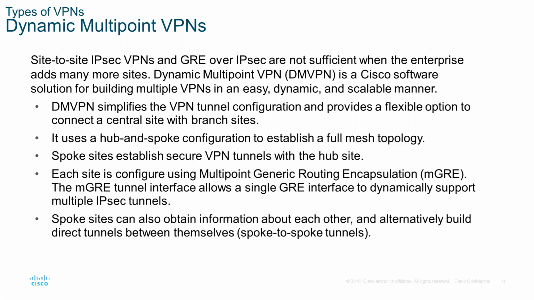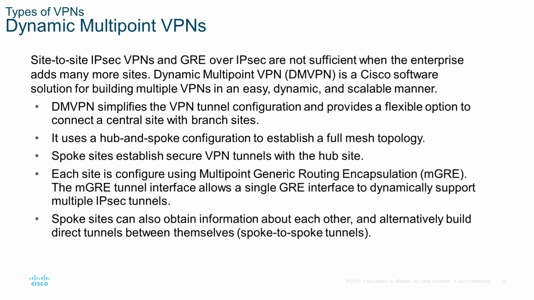So this uses the hub and spoke topology that we talked about in the last chapter, and it allows spoke sites to establish secure VPN tunnels back to the hub, and each site can exchange its routing protocols and other items like that to allow dynamic support using GRE.